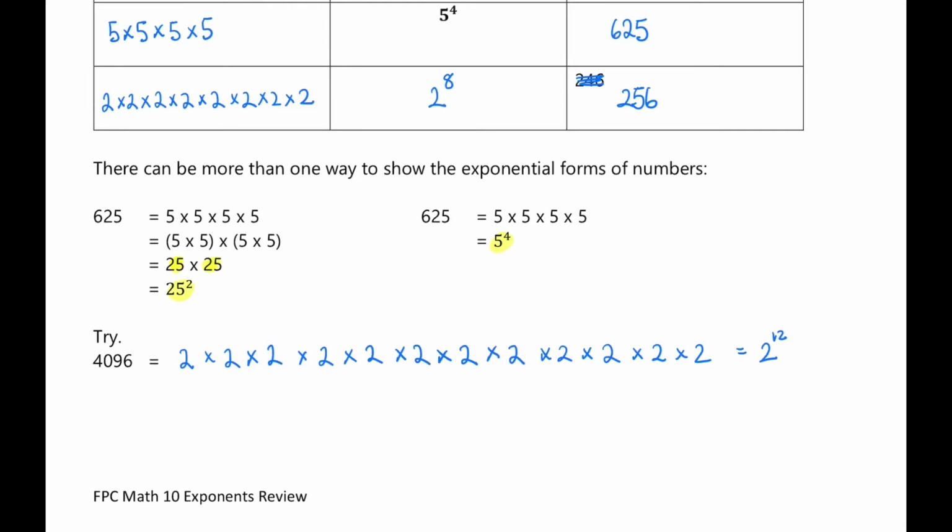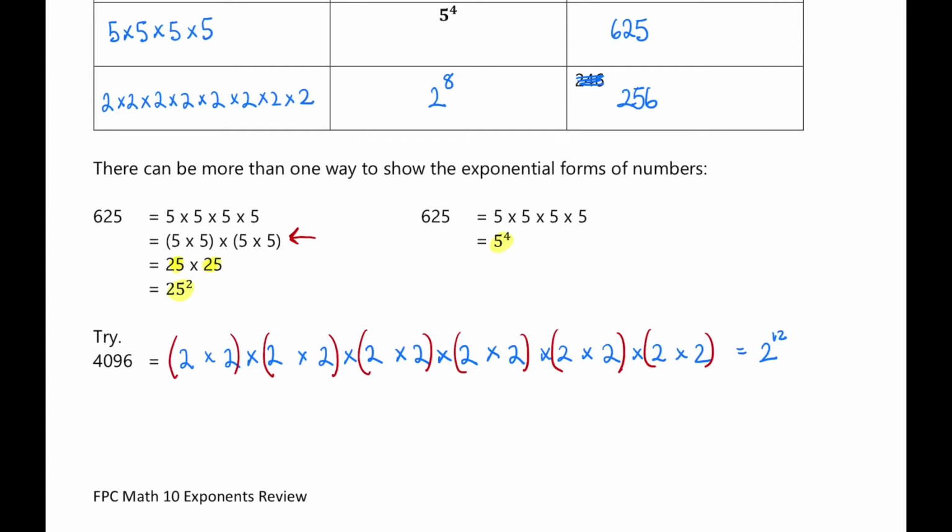We'll move on, but look at this line here. Notice that we used a bracket to group a couple of them. So let's try that. Because we have an even number of 2's, we can group them, we can pair them. So let's do it. 2 2's here. Okay, perfect.